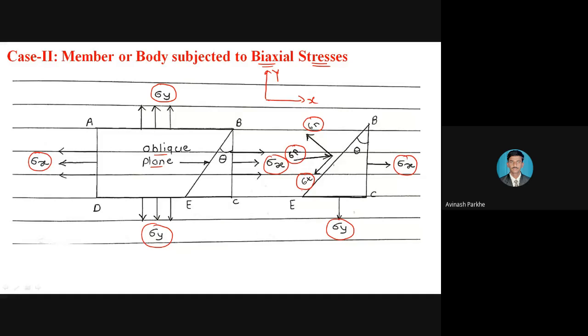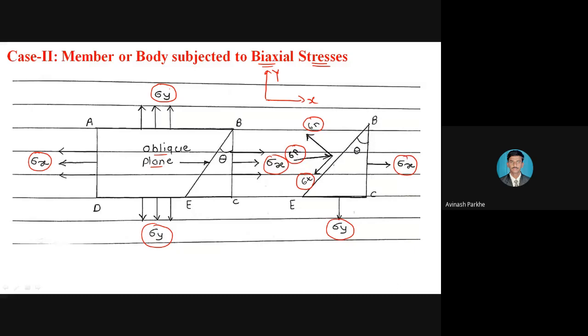But in case number 2, the value of sigma x is given, and the value of sigma y is also given. Therefore, whenever I am calculating normal stress and tangential stress, the sigma x value and sigma y value also we have to consider during the calculation. Meaning you will get the formulas of sigma n and sigma t in the form of sigma x and sigma y.